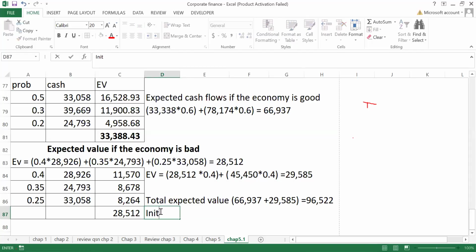The project requires how much? 100 million, I think. The initial investment is 100 million. So what is the expected NPV?